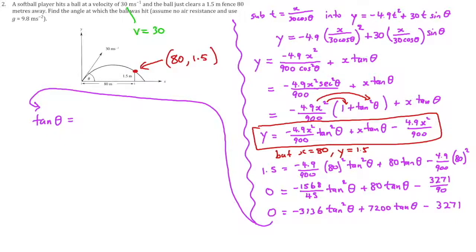Now it's minus b, plus or minus the square root of b squared minus 4 times a, which is minus 3136, times c, which is minus 3271, all over 2 lots of a, 3136.